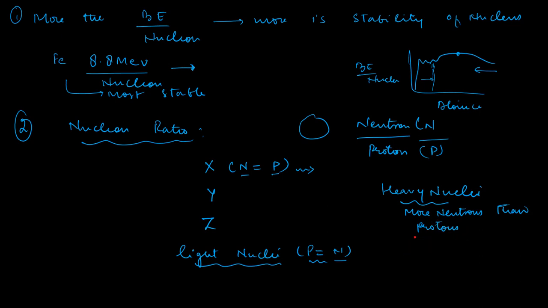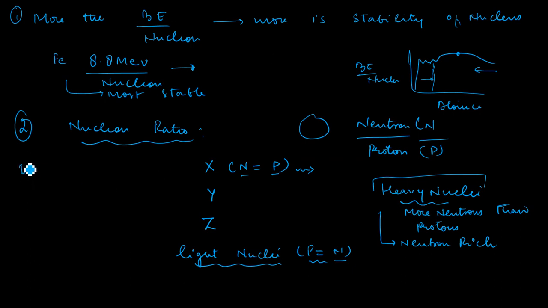Suppose I reverse the condition, and I make more protons than neutrons, then it will become unstable. Why so? Let me explain that. First thing, we just have to understand heavy nuclei will be stable when it is neutron rich. Now, if you make the same nucleus proton rich, what will happen?